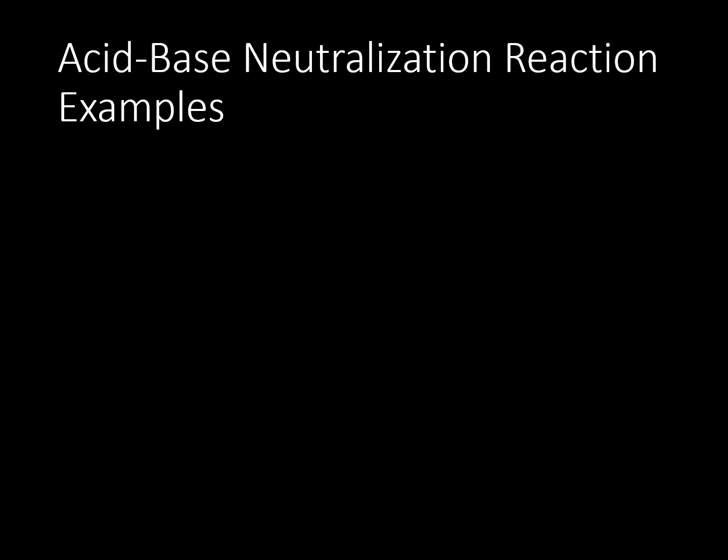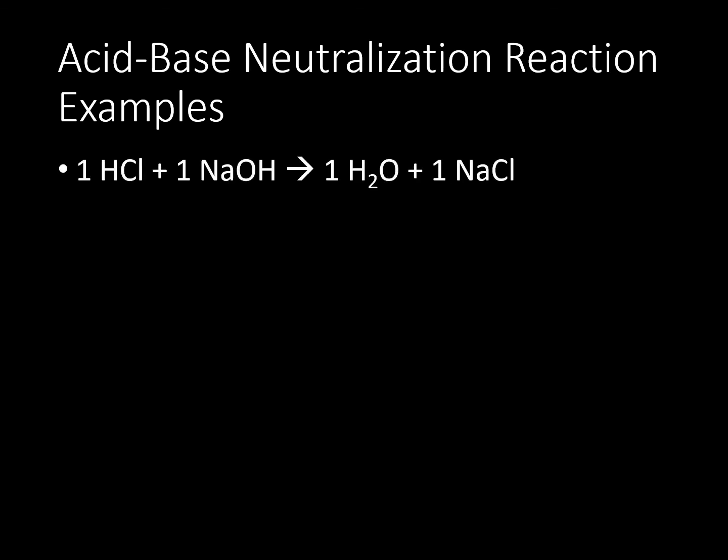So let's take a look at some examples and identify our acids, bases, water, and neutral salt. So here we have 1 HCl plus 1 NaOH yields 1 H2O and 1 NaCl. So our acid here, acids will always start with hydrogen because, again, they give off hydrogen ions. Bases will always end with hydroxide, OH.